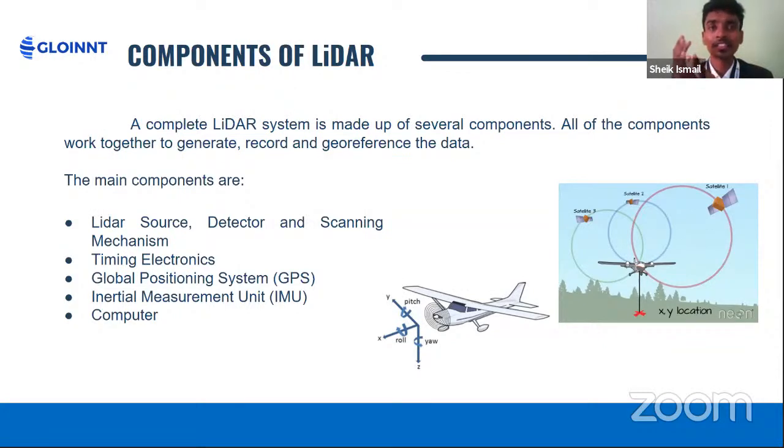The detector detects the targets, whether the laser is reaching the system or not. The scanning mechanism emits the laser pulse in order to reach the surface and get back to the system.